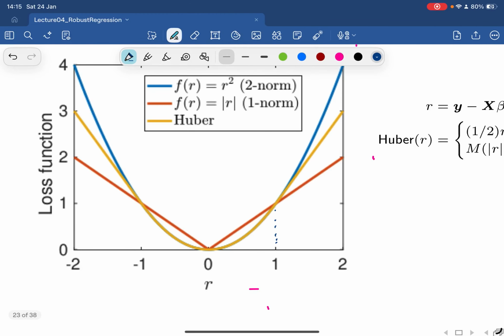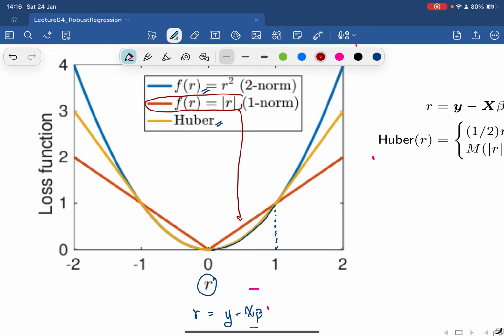Let's say R here denotes the difference between your measurements and your estimated measurements, your prediction. If the residual remains 1, then your Huber function, just like your L2 norm function, could well suppress your residual. But the L1 norm is the one that doesn't suppress it that much.